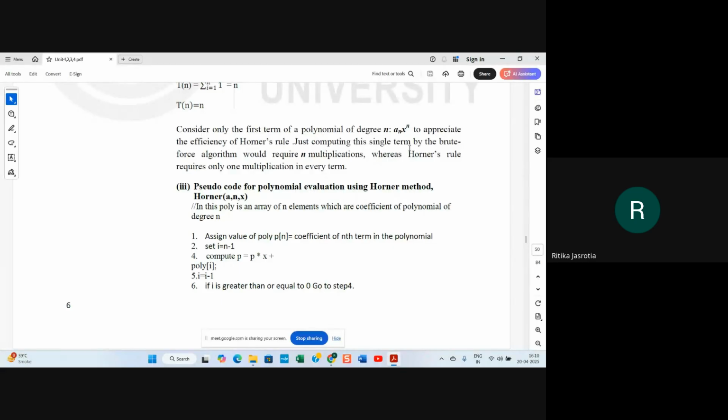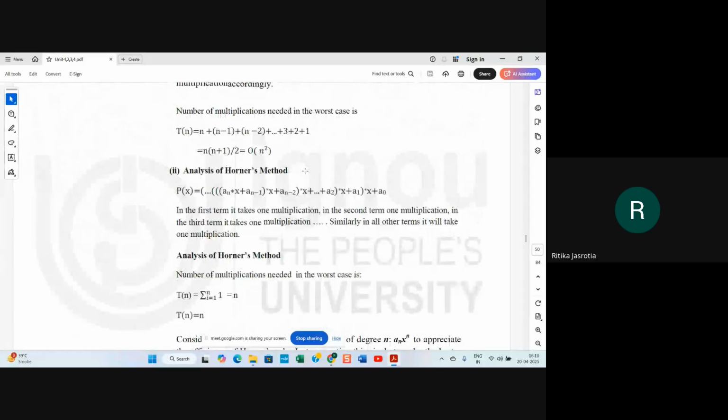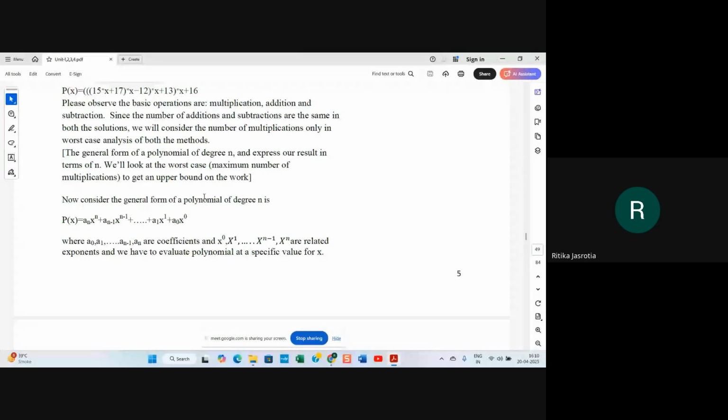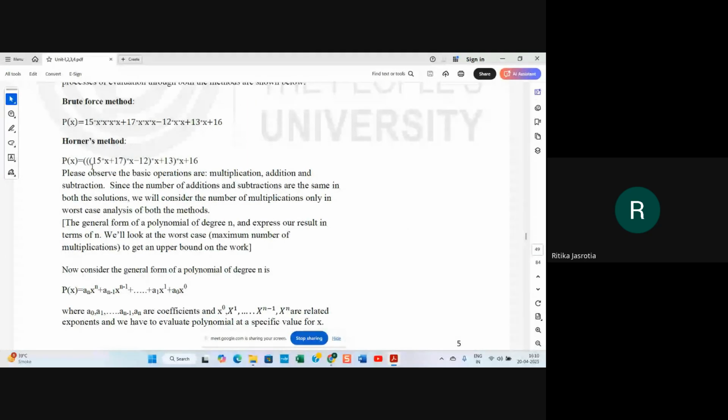Just computing this single term by the brute force algorithm would require n multiplications, whereas Horner's rule requires only one multiplication in every term. Because in Horner's method, x is kept outside, and if you solve these brackets, it will come out to be 15x to the power 4, 17x cube, 12x square, 13x.